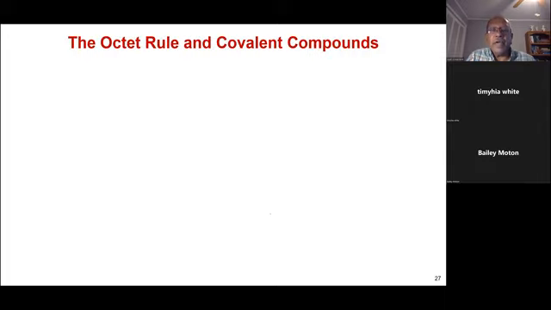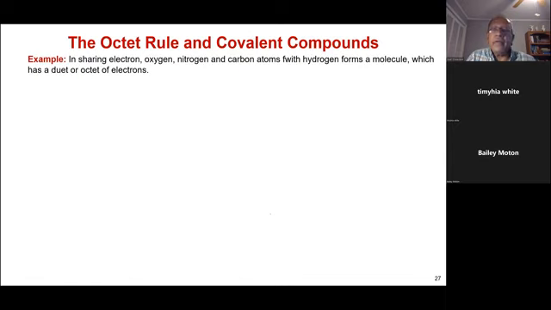Now let's see how we apply the octet rule to covalent compounds. It's sharing that creates the octet. I have written down nonmetals here: nitrogen, oxygen, carbon, and hydrogen. All these four are nonmetals.